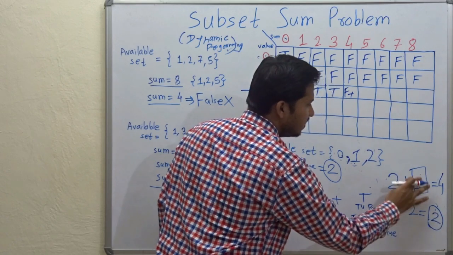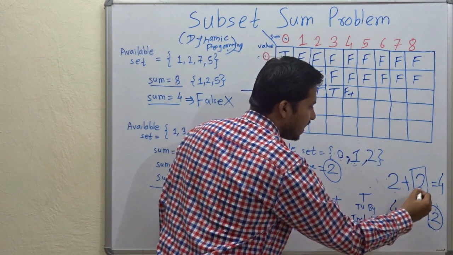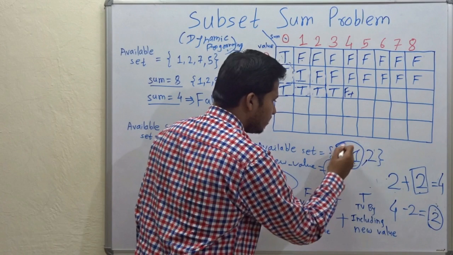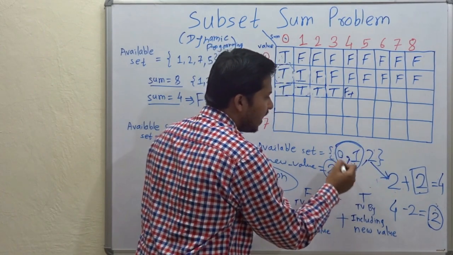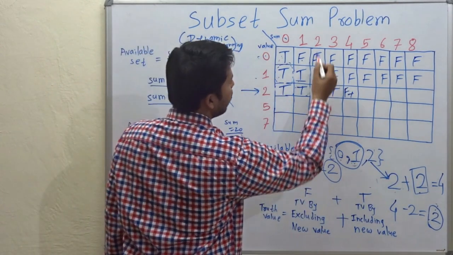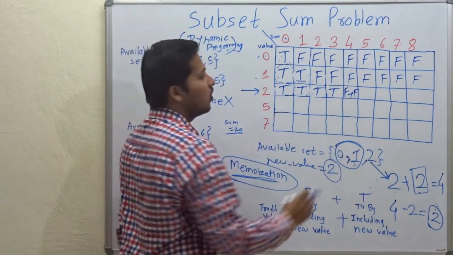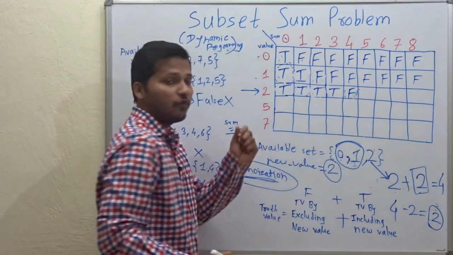So the desired total 4 will be formed only when you can form 2 by using 0 and 1, because you have already used 2. By using 0 and 1, can you form 2? Let's check. False. So we cannot form it. False or false is false.